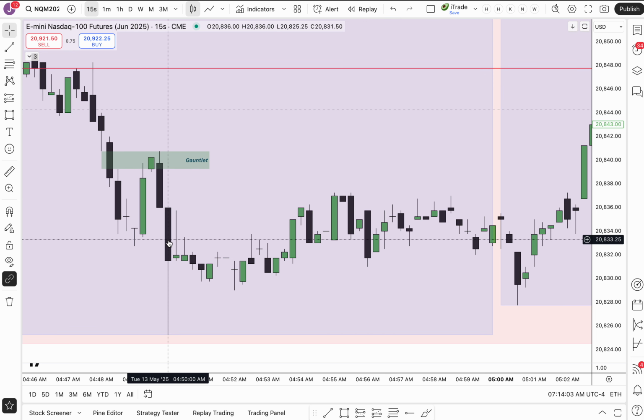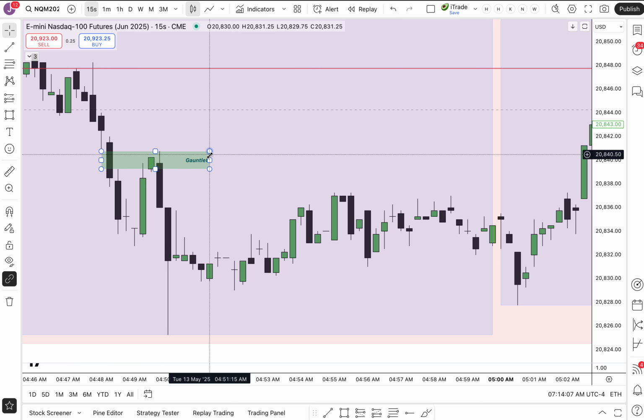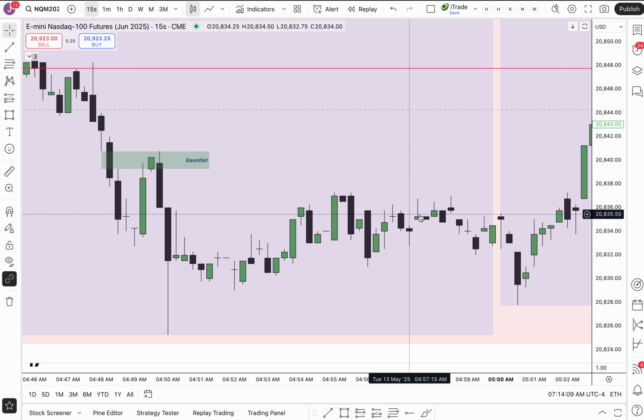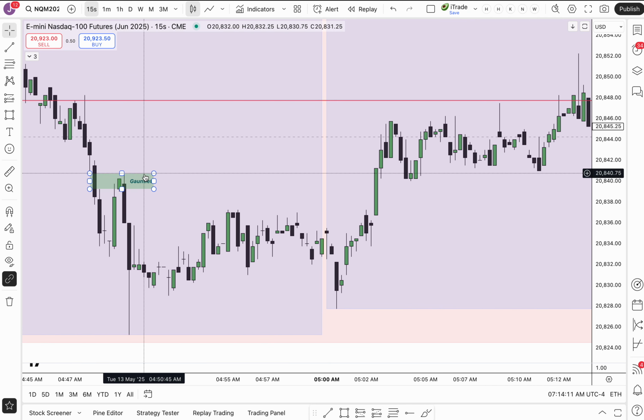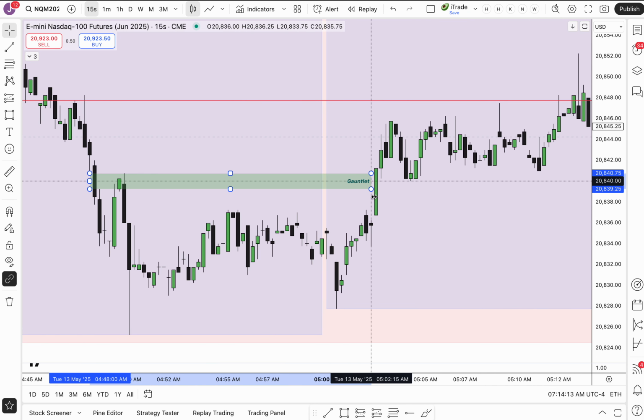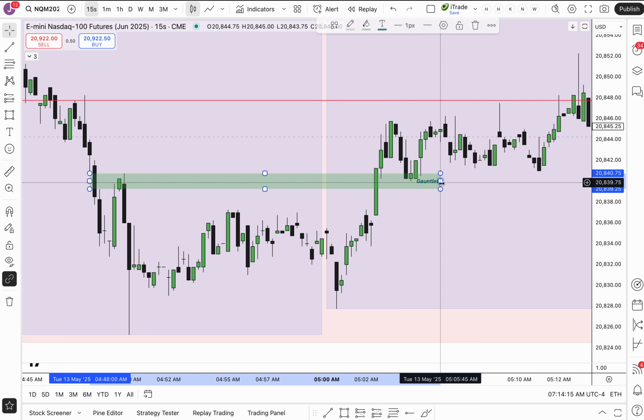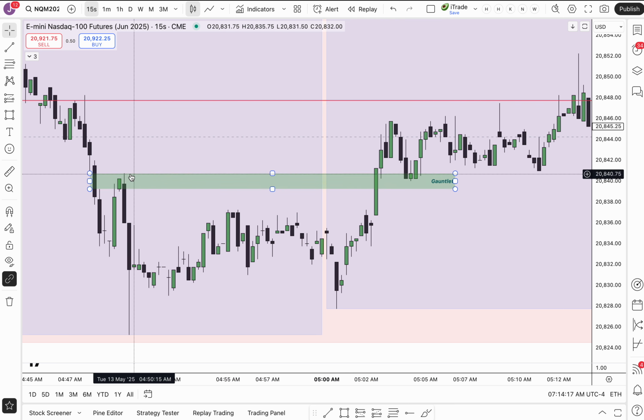So once you see that low get created, you're anticipating this to function as the gauntlet gap. But price just consolidates, so you just drag that out in time, and then basically, because that's your range anyway, that high to that low is the range.